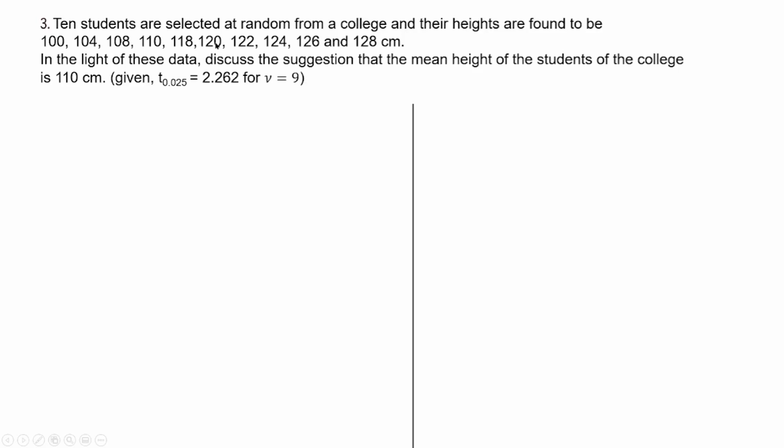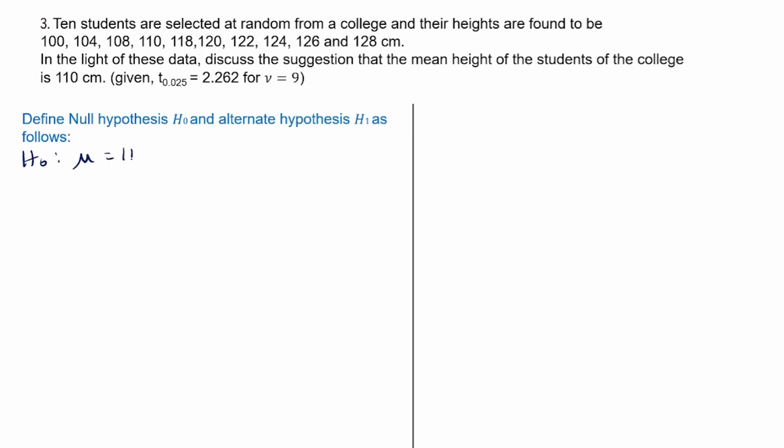So here let us define the null hypothesis H naught and alternate hypothesis H1 as follows. H naught is mu equal to 110 and H1 is mu not equal to 110.